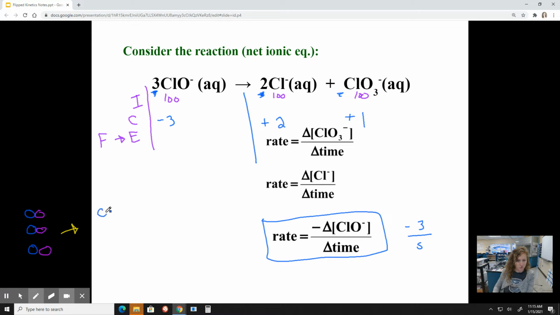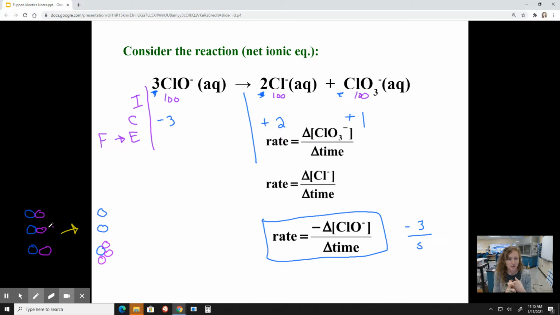I'm going to get 2 chlorides all by themselves. And then I'm going to get a 3rd chloride that's attached to my 3 oxygens, right? So remember, when you're looking across a reaction, there's a conservation of mass. The mass that you start with in the beginning is the same as the mass that you end with. There's a conservation of atoms. The atoms that you start with are going to be equal to the atoms that you end with.